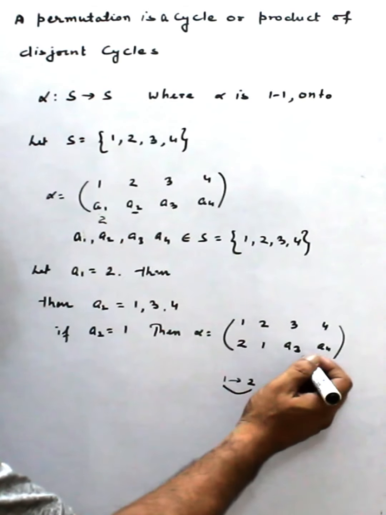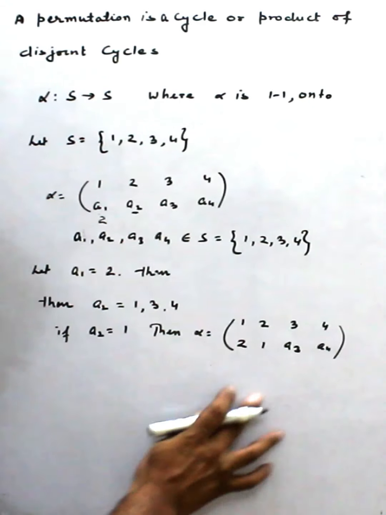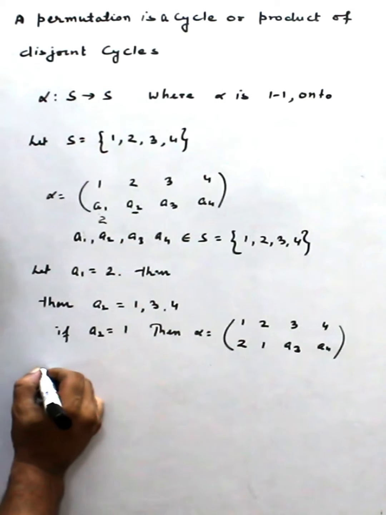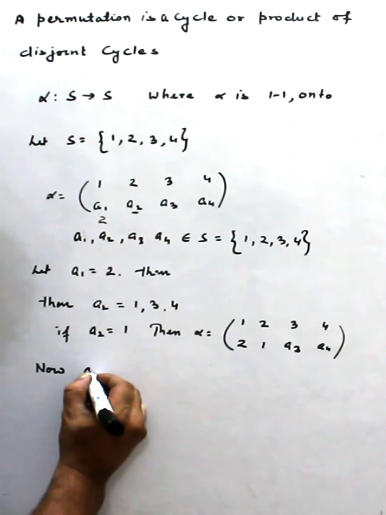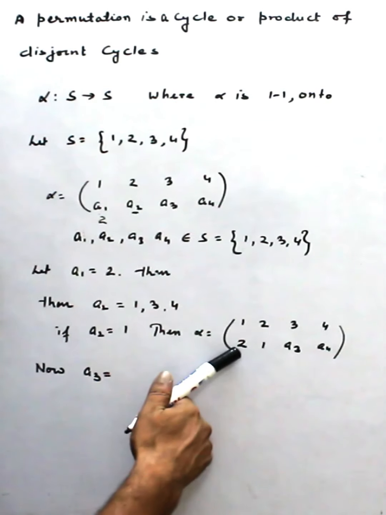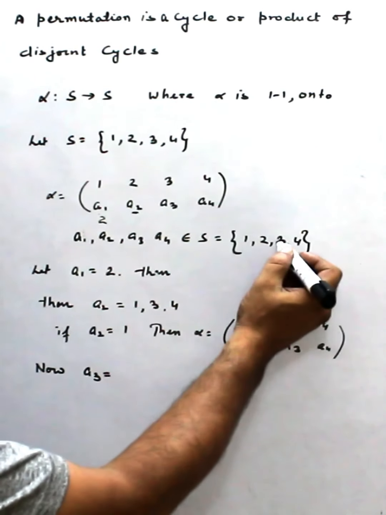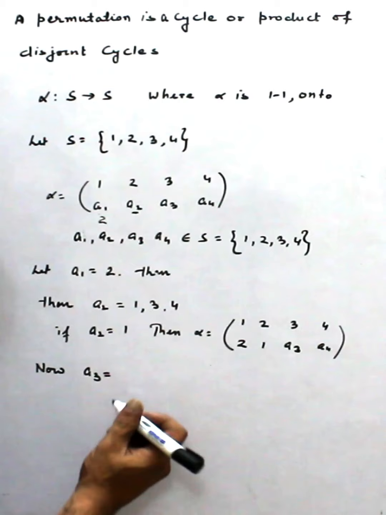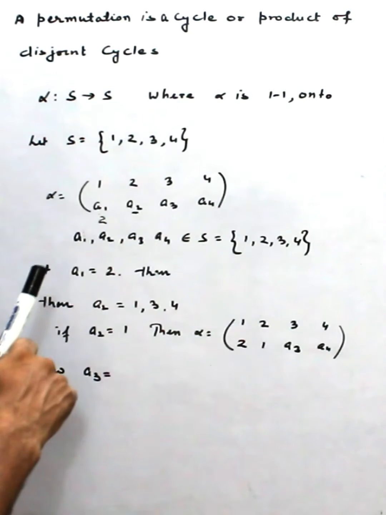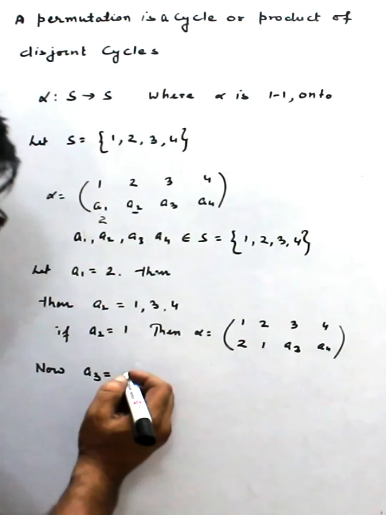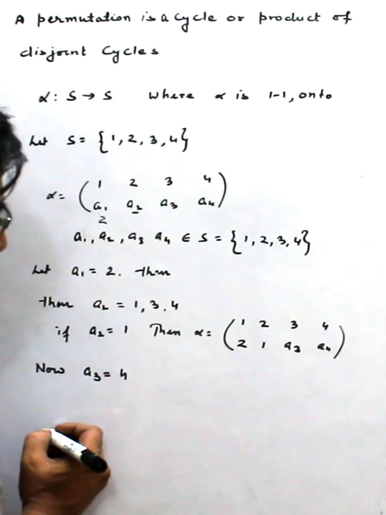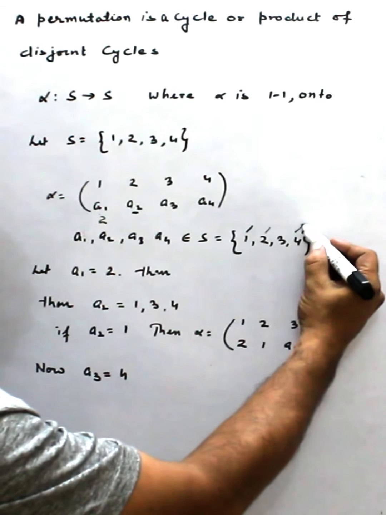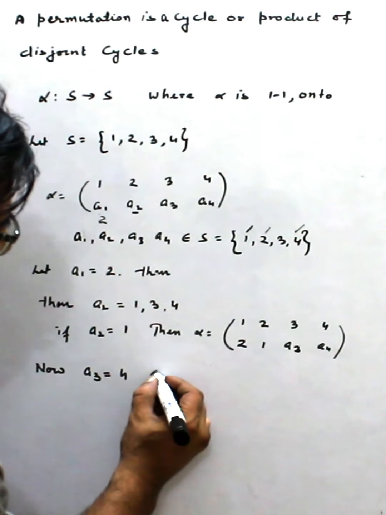Now we deal with the next element. That means we start from 3. What choice is left for A3? Because 1 and 2 have already been selected, A3 is either 3 or 4, but we don't take A3 equal to 3 because then the case becomes the identity, which we have already discussed. So I take A3 equal to 4, and if this is selected, what is left for A4?